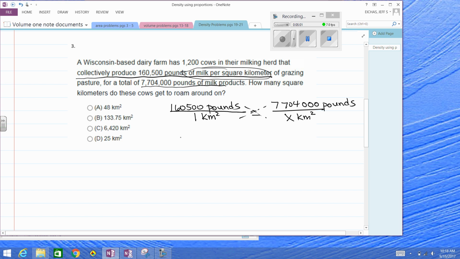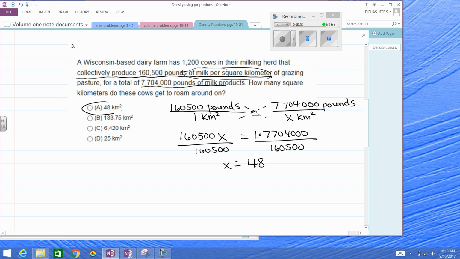But so now ignore the units of measure for a minute. It's 160500 times x, and then 1 times whatever that is. Obviously to solve for x, we're going to divide. And let's see, we get 48.